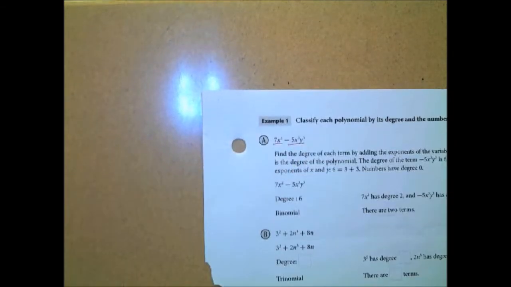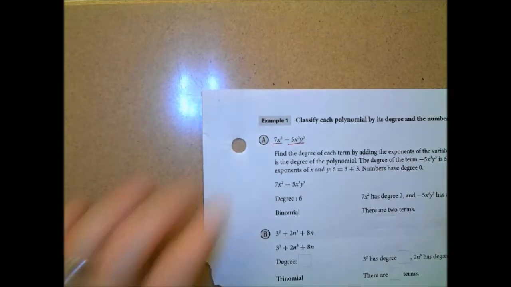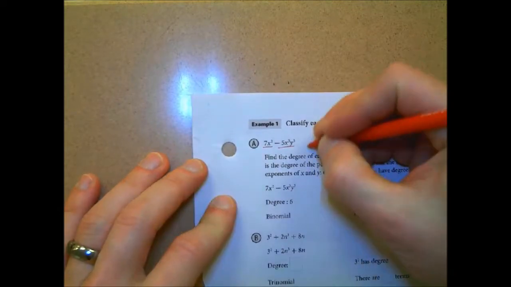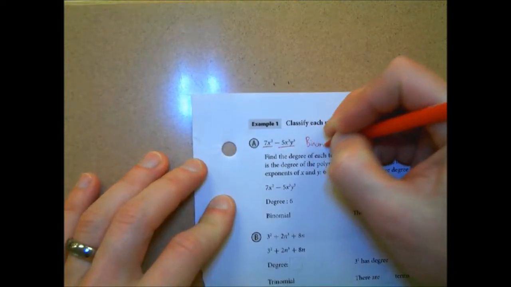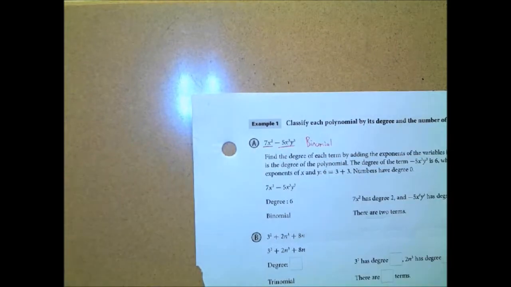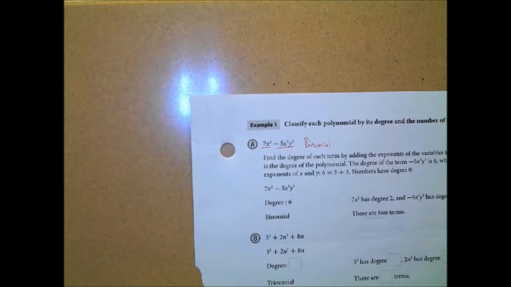So two terms means we would call it a what kind of polynomial? Monomial, binomial, trinomial? Binomial. And by the way, folks, if there happens to be more than 3 terms, we don't really call it a quadrinomial or a tetranomial or anything like that. We just say it's a polynomial after that. We really only go up to 3 terms, and then we just start calling everything a polynomial. Very good. All right, thank you, Matt.